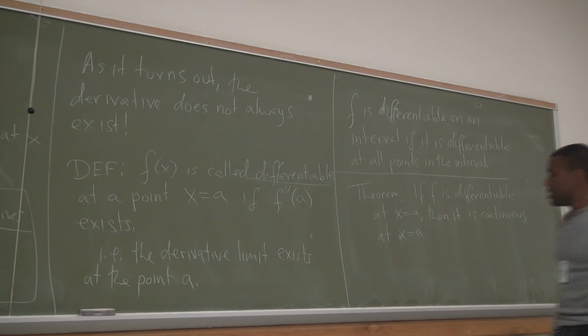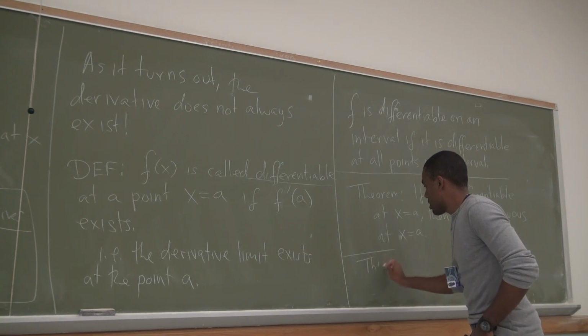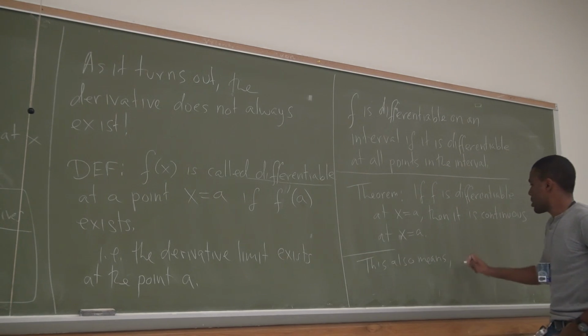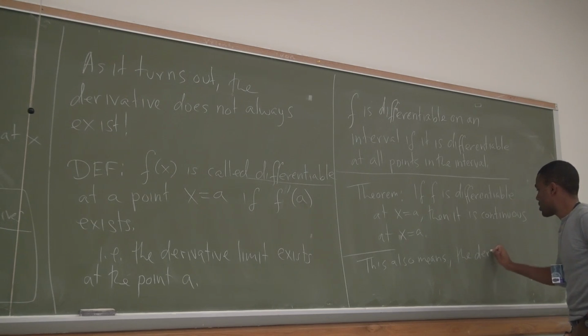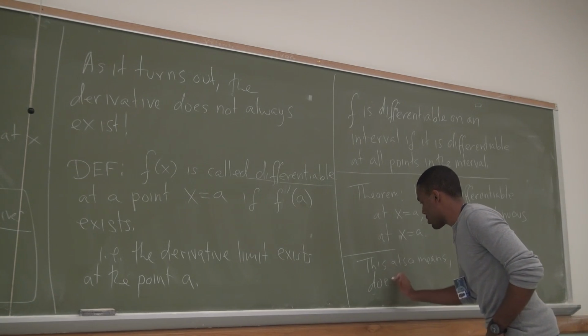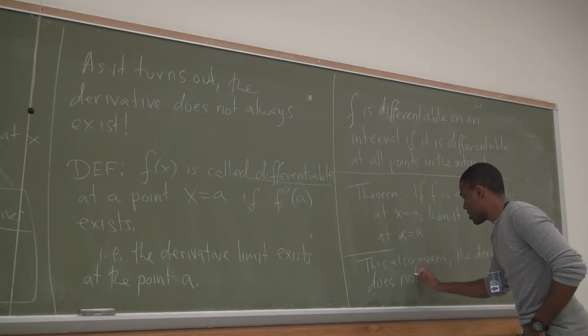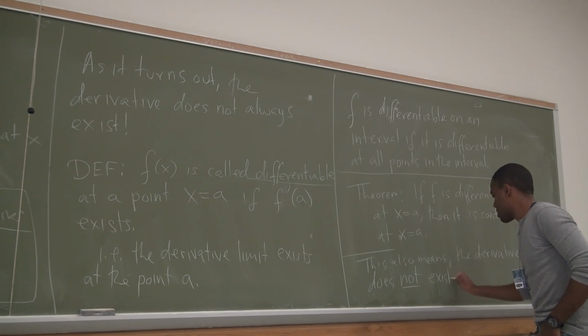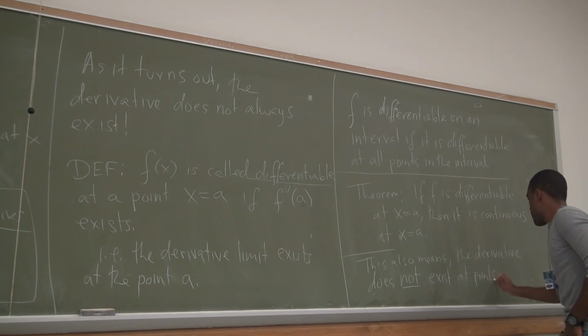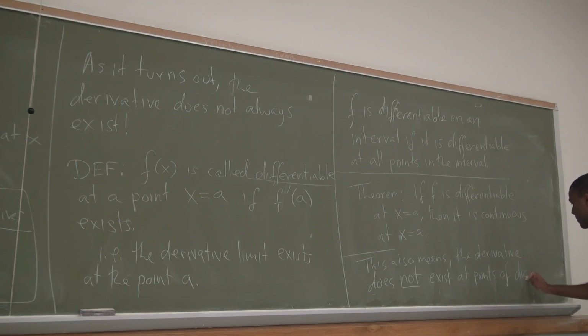Differentiability implies continuity. This also means the derivative does not exist where a function is not continuous. So if you're not continuous, this is a case where you cannot find the derivative.